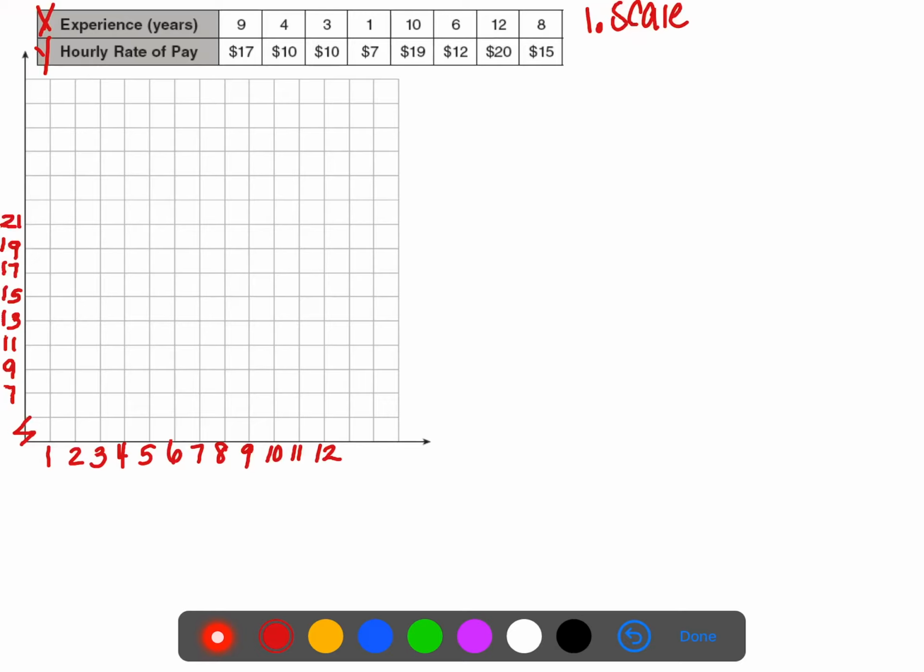Whatever you choose, you want to make sure that your graph is somewhat spread out on your paper. You don't want it to be super squashed or small in one corner. And now we can plot our points.